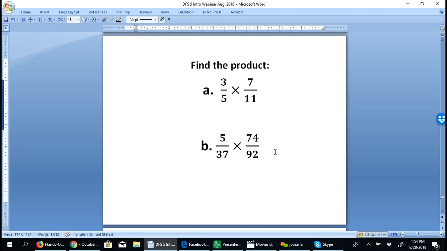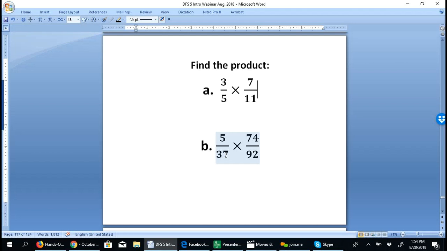Anne, how did you get 10/92, please? So I think what you did is you took a 37th of 74, which is 2. I simplified 37 and 74.